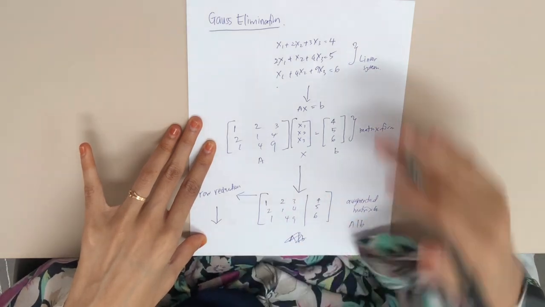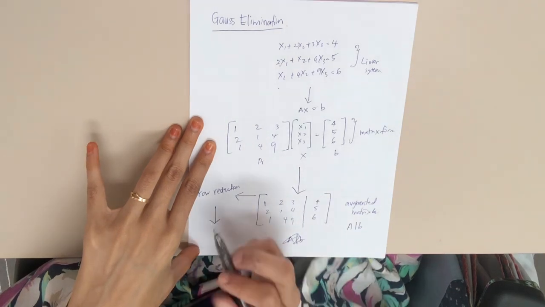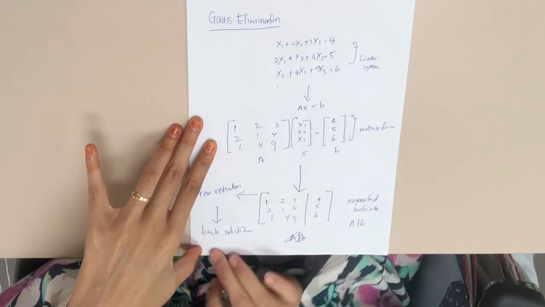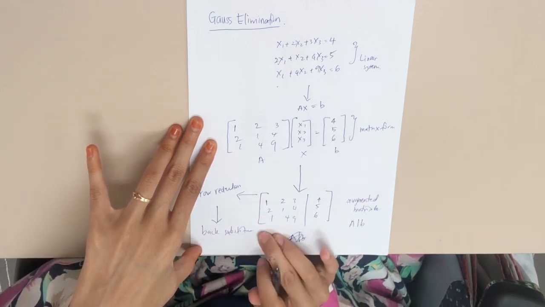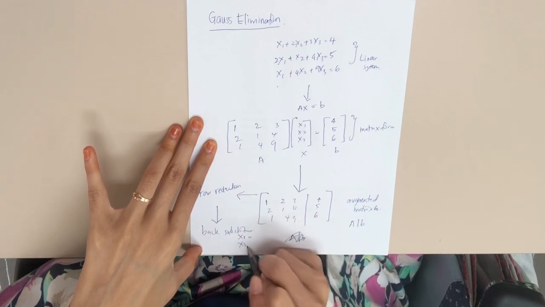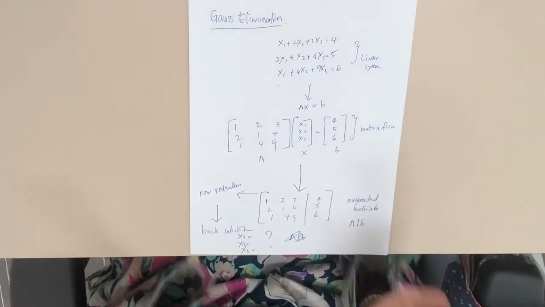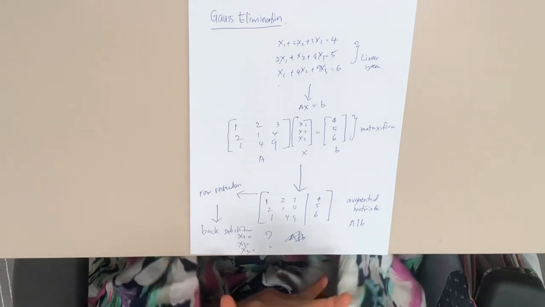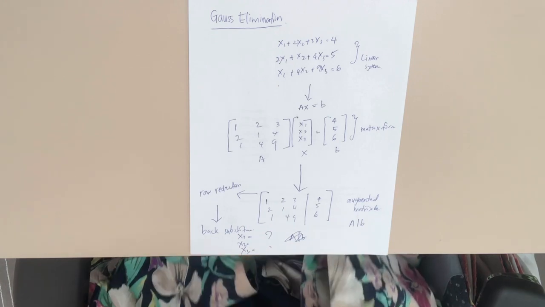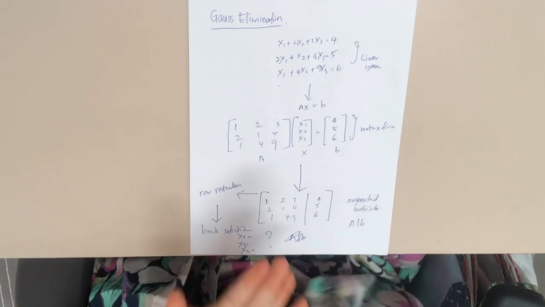You reduce the matrix, but now this is Gauss elimination, so there is an extra step, which is back substitution. The backward substitution here is to find out what is your x1, what is your x2, and what is your x3. Please remember, because this is the solution of a linear system, the final answer should have values of x.